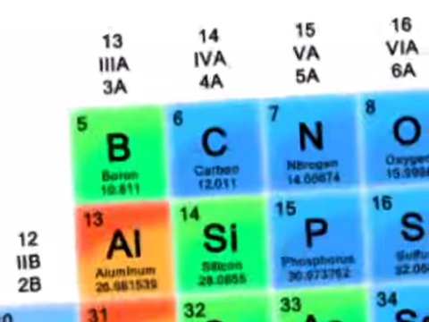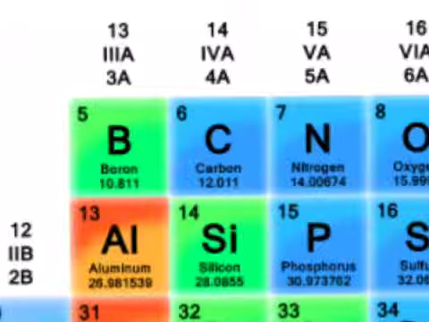Let's look at carbon. Carbon is a very important element to us in all life. Now, if you notice, there are two numbers associated with carbon. One number, this number in the top corner, is the atomic number. The atomic number basically tells you how many protons are in that element. So carbon has 6 protons.